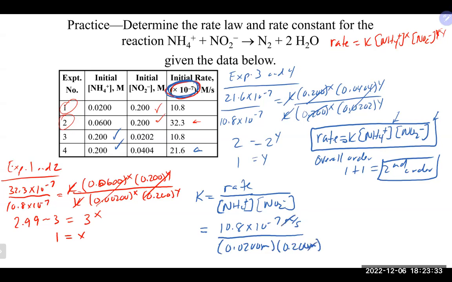Molarity on top and bottom will cancel, and we get 10.8 times 10 to the minus 7 divided by 0.02 divided by 0.2, giving us 0.00027. Again, the units here will be 1 over molar seconds.